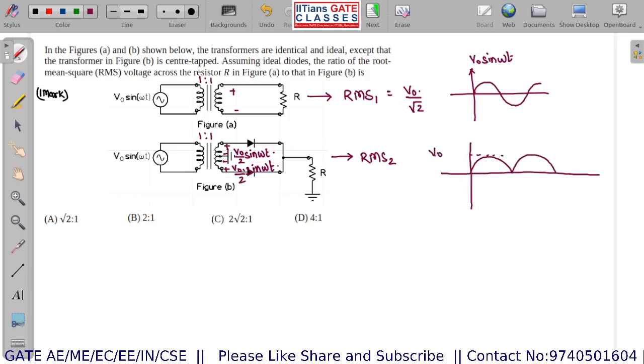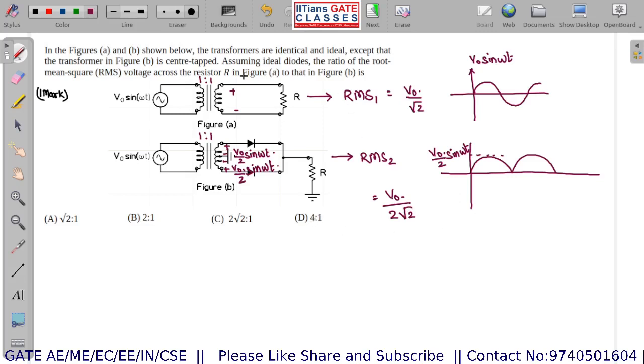This will be V naught by 2 sine omega t. For this, the RMS value will be V naught by 2 root 2.